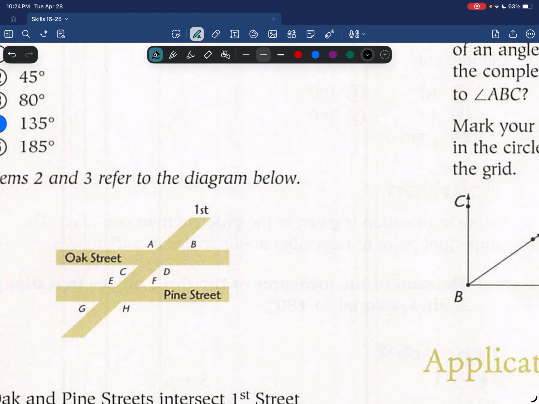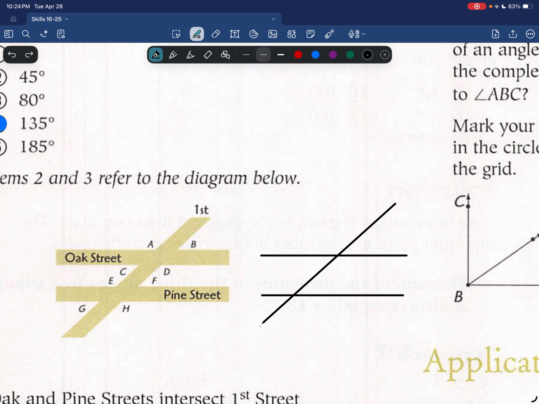And I'm going to draw this with lines because I need to be able to get between those lines. So here's Oak Street and Pine Street, and they're parallel. And First Street comes across, this is called a transversal. There's First Street. And here I have angle A, which is half of a circle.